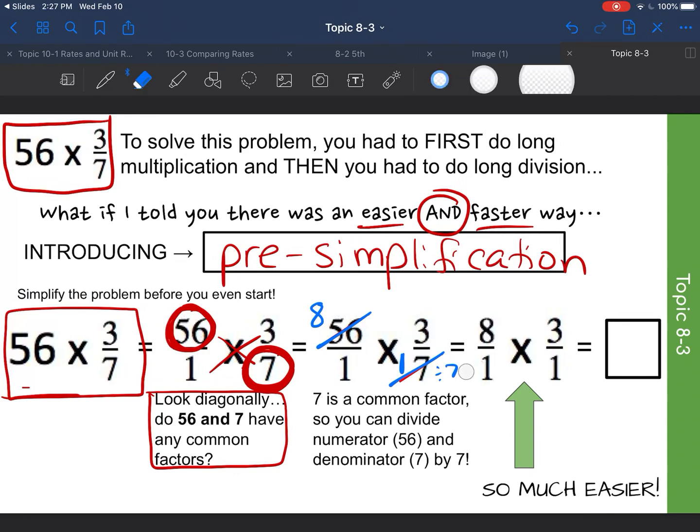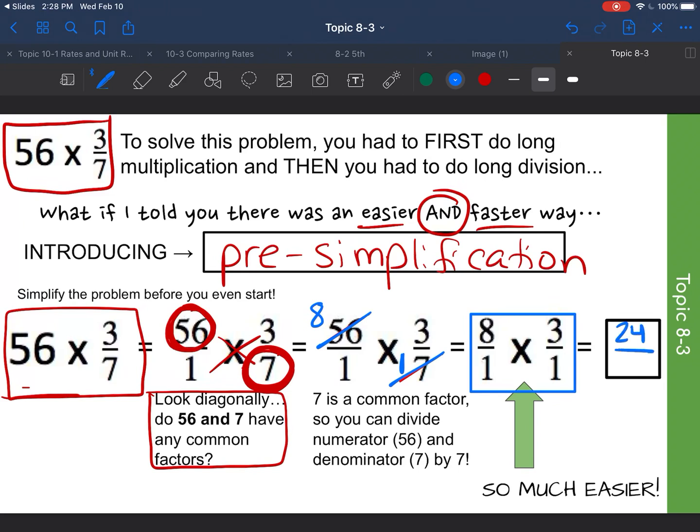And then it makes our multiplication way easier at the end, because now our final problem is 8 over 1 times 3 over 1. And look how easy that is. 8 times 3 is 24. 1 times 1 is 1, or the same thing as just 24 wholes.